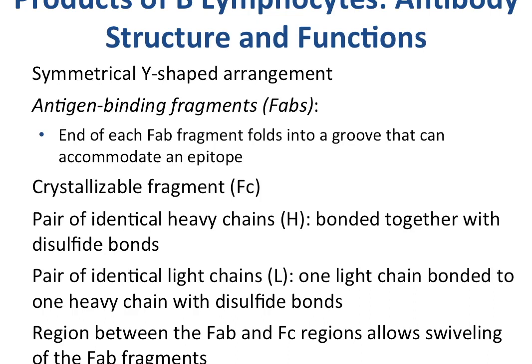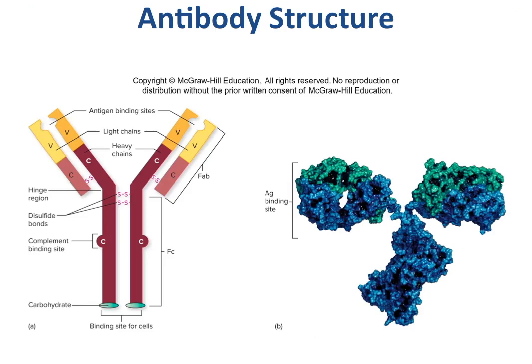The linker region between the antigen binding fragment and the crystallizable fragment actually is flexible and lets the antibody twist and bind. Okay, so this is the diagram of the antibody.